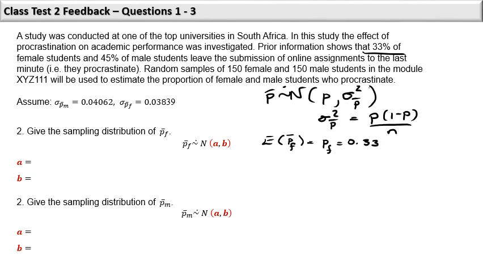And then here we are asked what is the standard error squared of P bar, and you will agree with me that this is nothing but, for the females, given to us as 0.03839, but this is the standard error, so we square it.